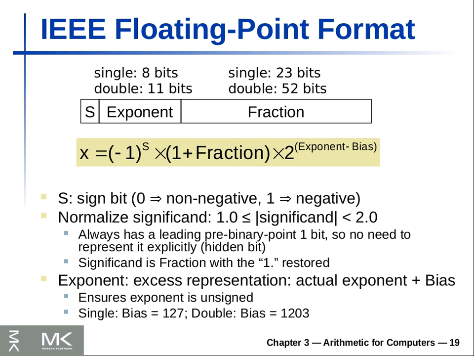Next comes the exponent, which dictates what 2 is raised to. And then your fraction is, of course, 1 plus the fraction, because like I said, that initial 1 is implied.